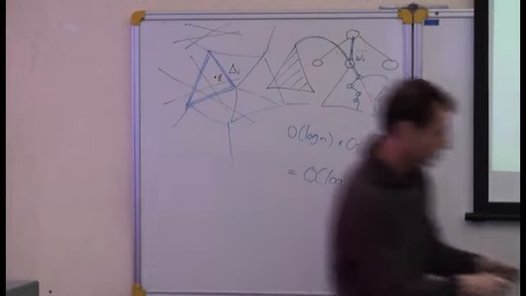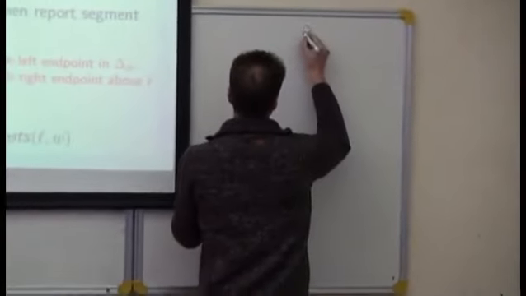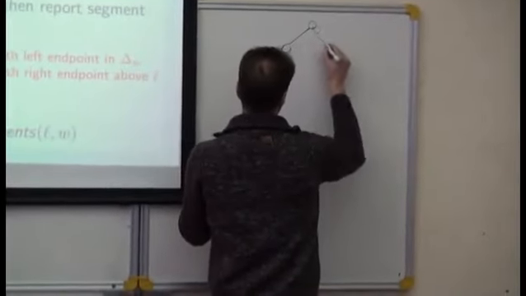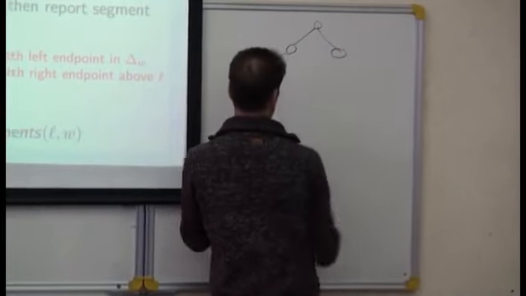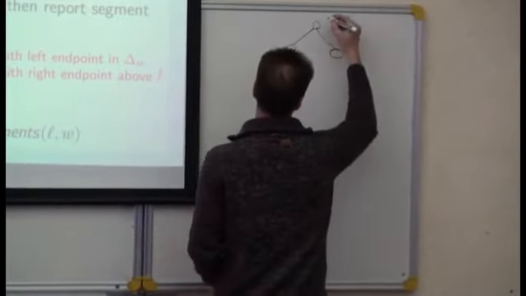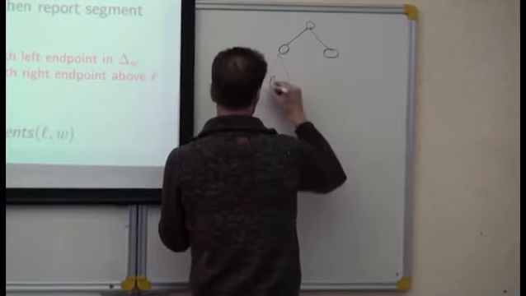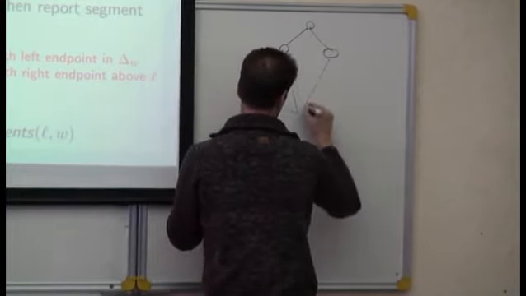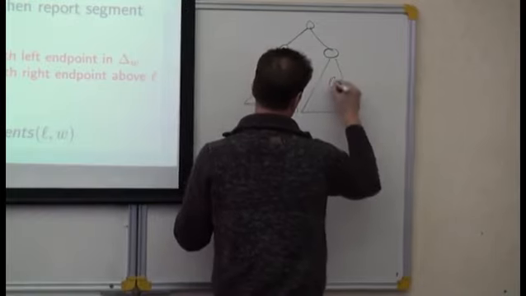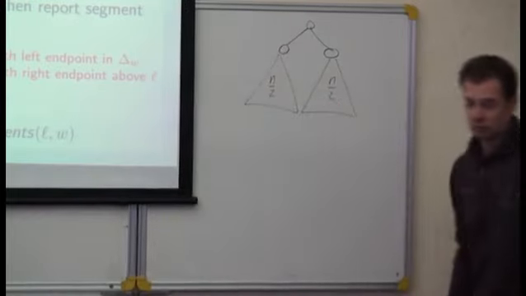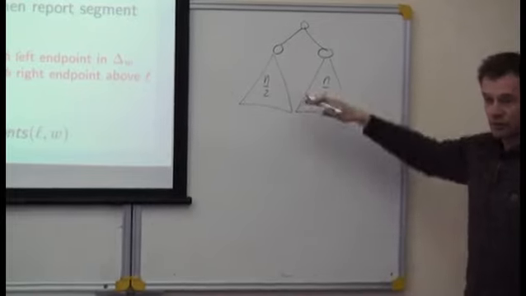Well, if you look at the tree, so let's first look at the binary tree, where here I have two subtrees, let's say of size exactly n over 2. Now what is the depth of the tree?